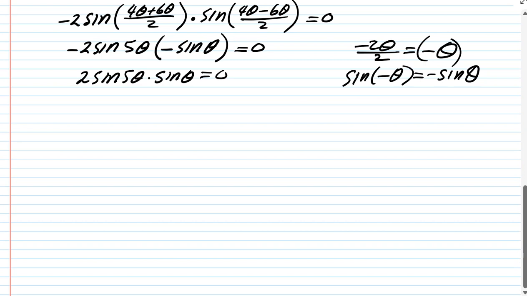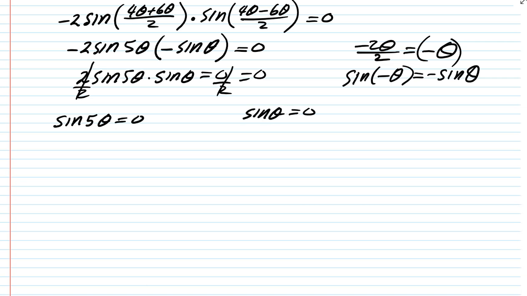Divide both sides by 2, and these cancel, so you still have 0. So all I need to do is set sine 5 theta equal to 0 and set sine theta equals 0.